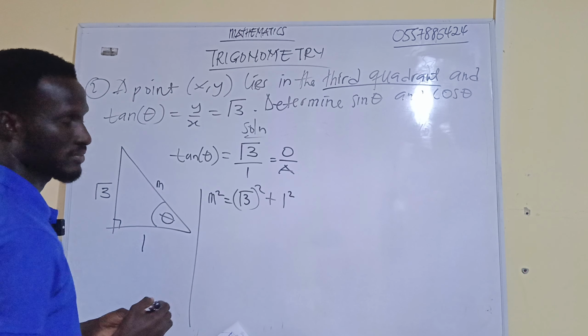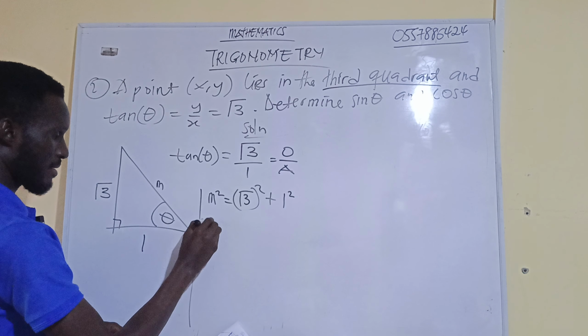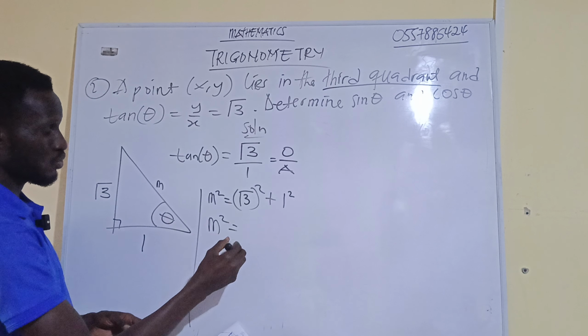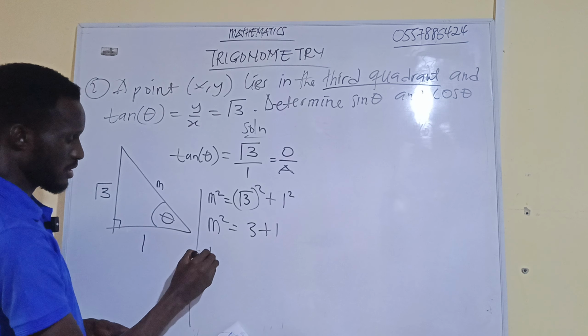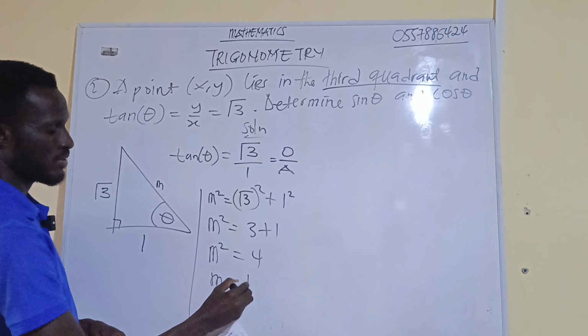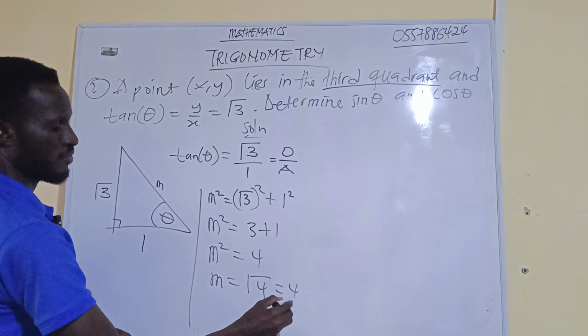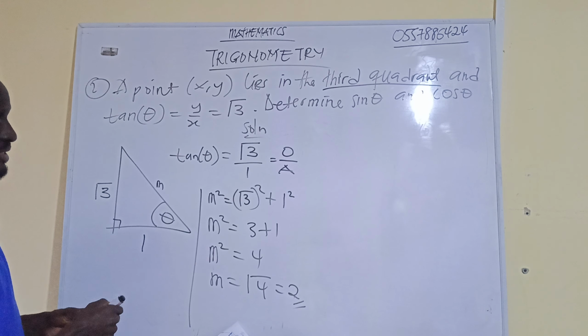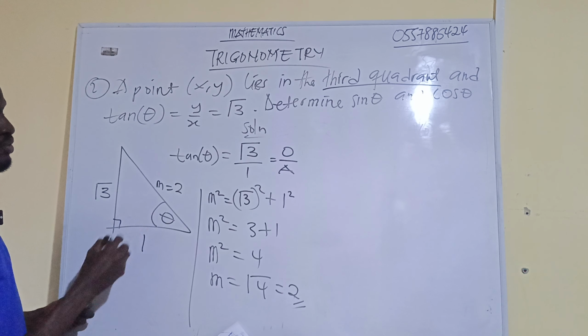Don't forget Pythagoras theorem. So we have m squared is equal to, the square will cancel the root, 3 plus 1. So m squared is equal to 4. You square root both sides. Square root of 4 is 2. So the hypotenuse here is 2.